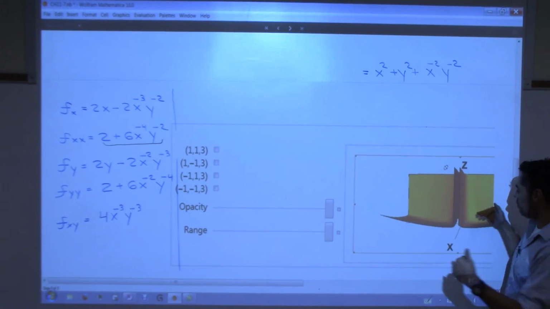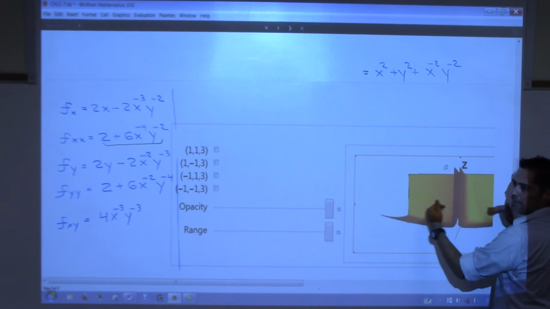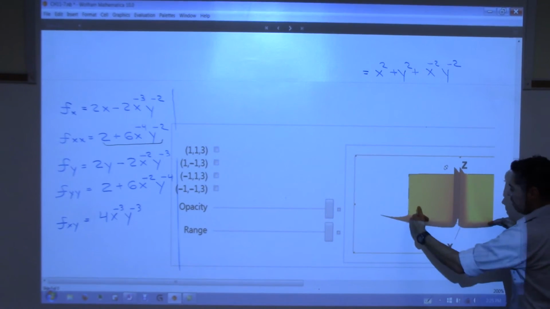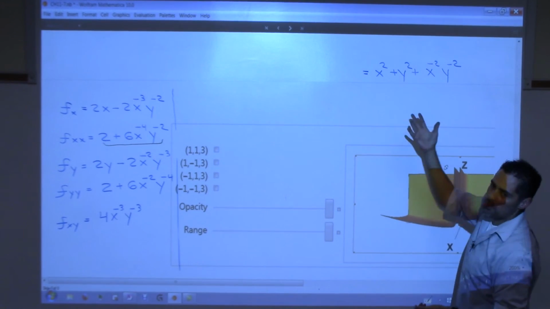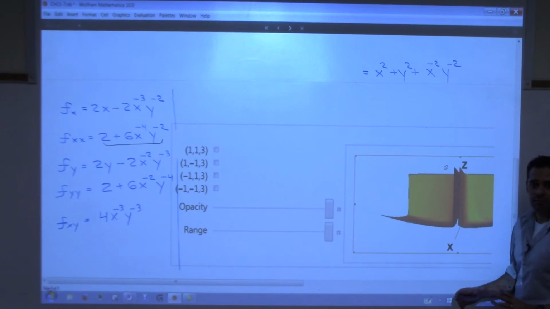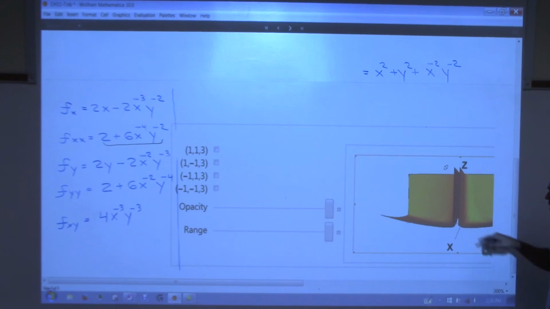And what's happening is your function is becoming asymptotic as you approach 0 on y equals 0, right? Goes like that. And that's because in the original function, you had that division, that 1 over x squared y squared thing. You cannot ever let x be 0 or y be 0. So the entire x-axis and y-axis are off limits. And so you get that shape.